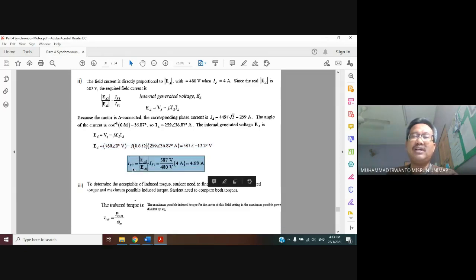So we can use the comparison. Now we can find the value of IF2, which is equal to EA2 over EA1 multiplied by the field current for the first condition, when it is 480 volt.